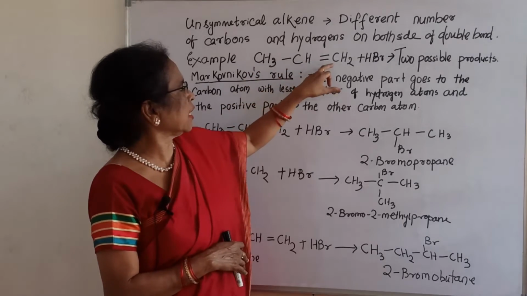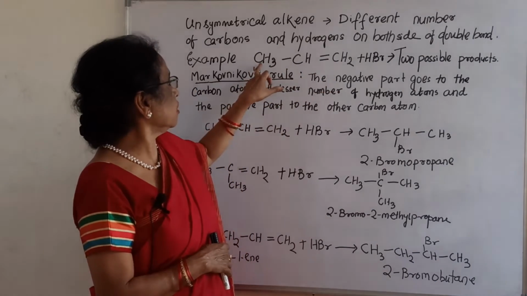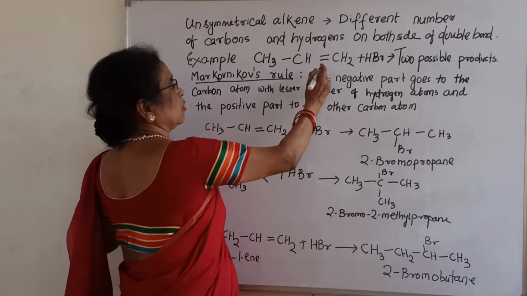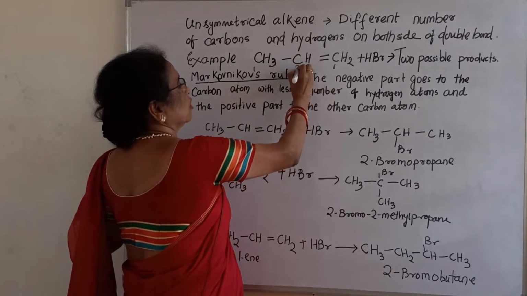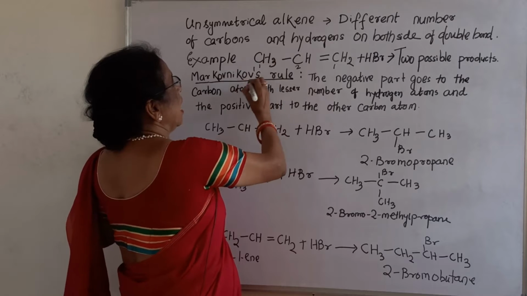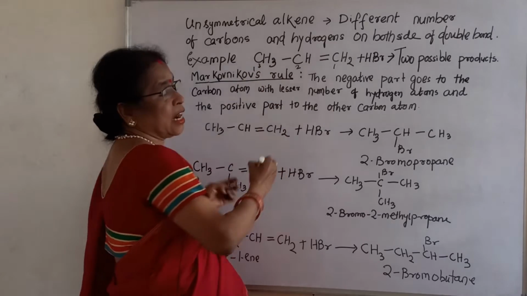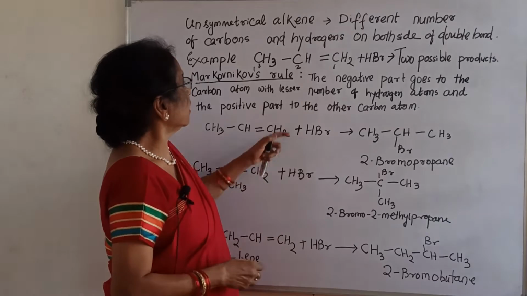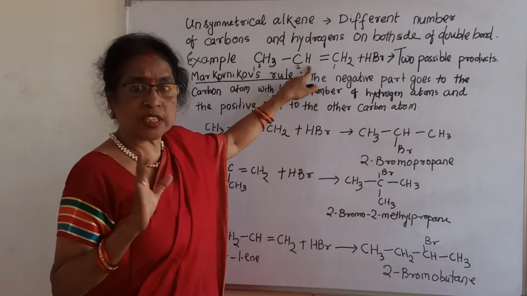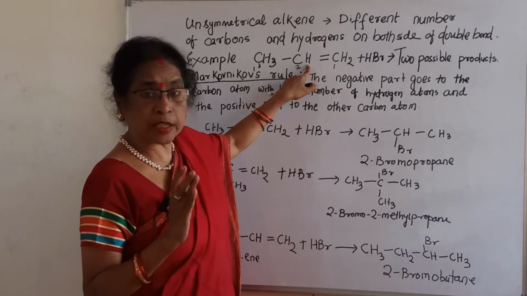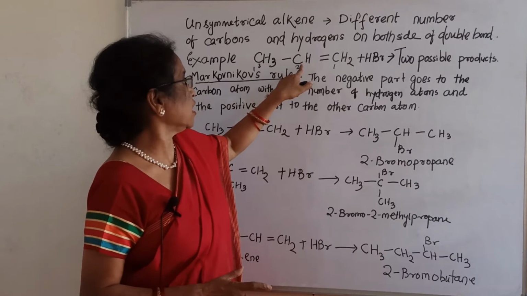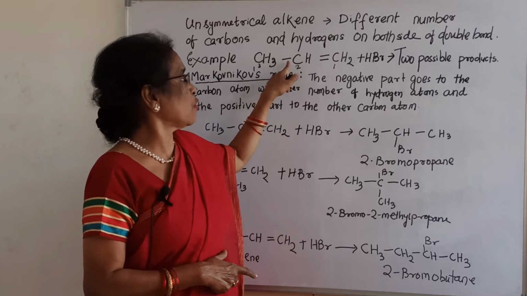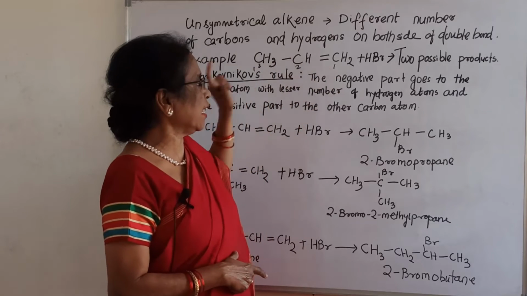1, 2, 3. In position 1 there are 2 hydrogens, in position 2 there is 1 hydrogen, and in position 3 there are 3 hydrogens. So according to Markovnikov's rule, carbon number 2 has the lesser number of hydrogens compared to 1 and 3.